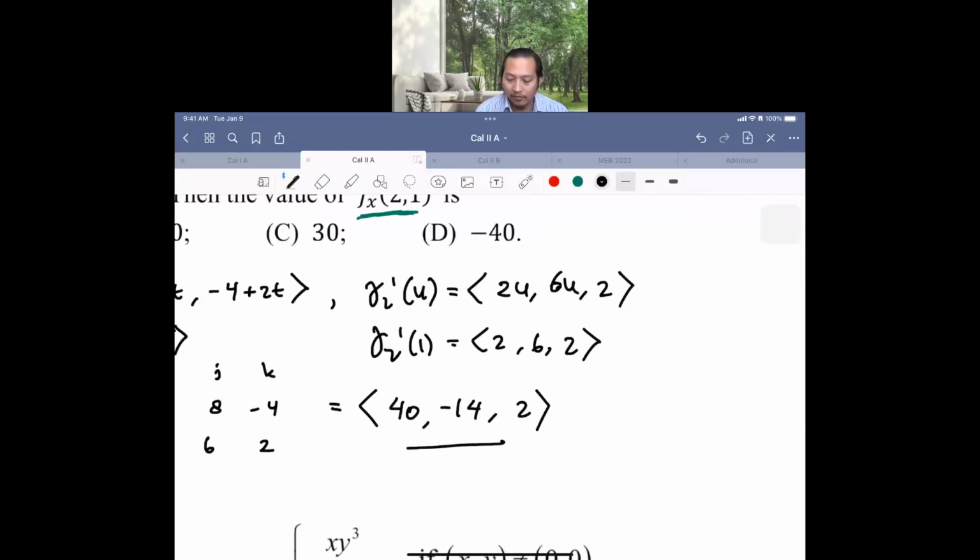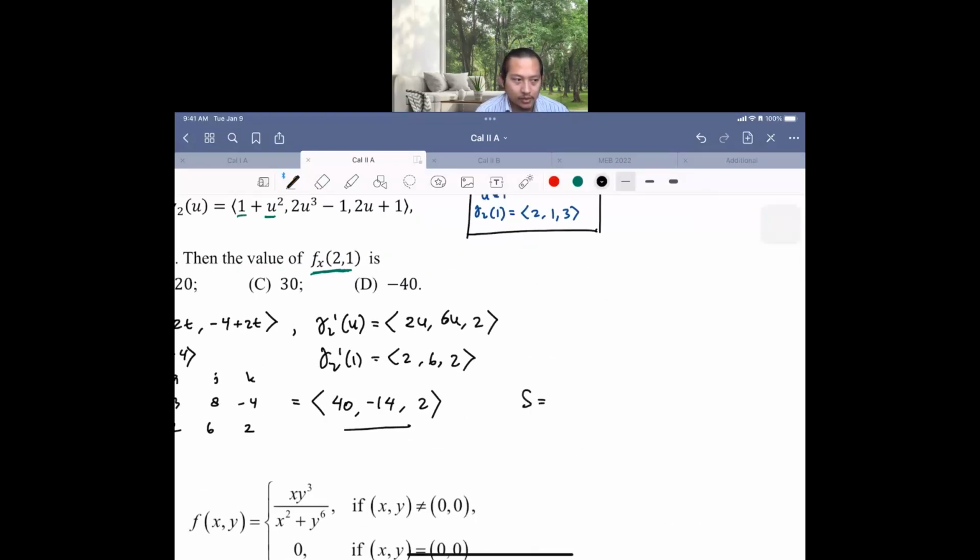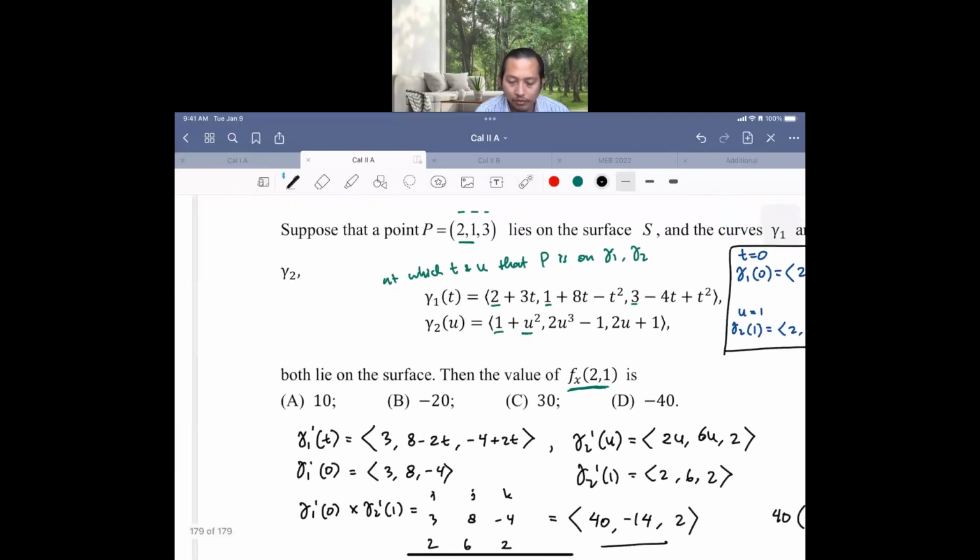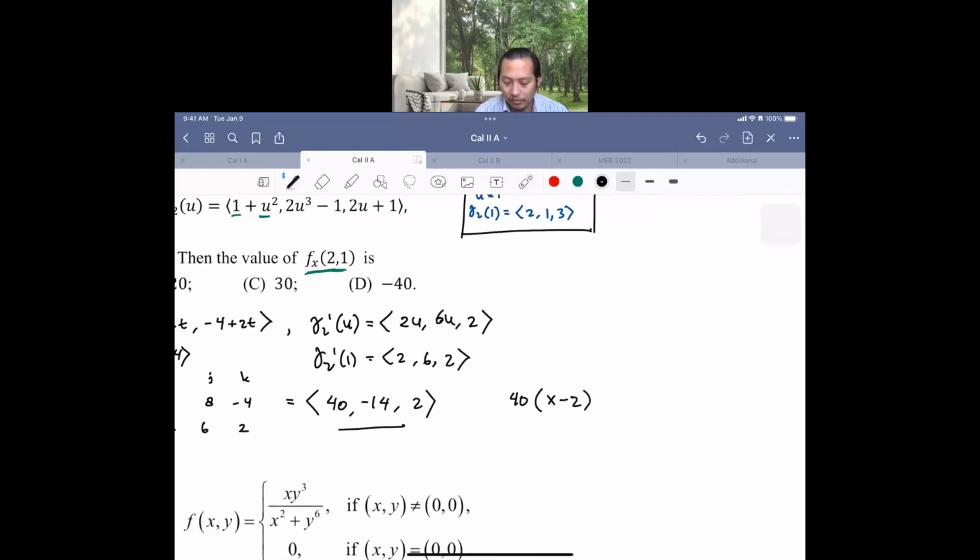Now from here, this turns out to be 40x minus 14y plus 2z, or 40(x minus 2) minus 14(y minus 1) plus 2(z minus 3).